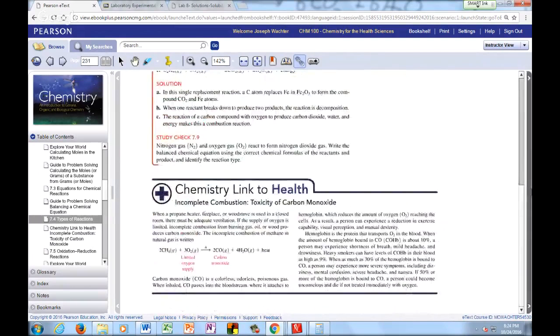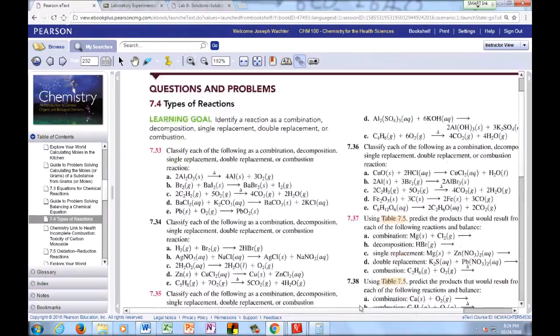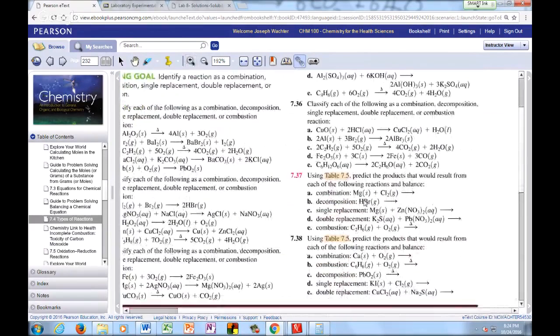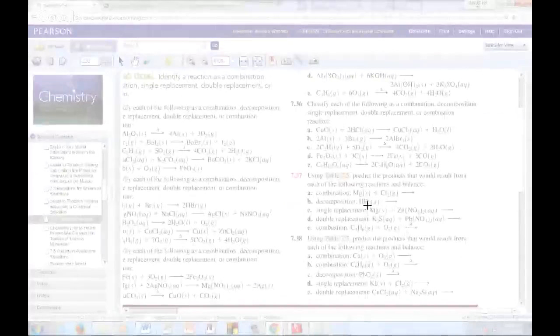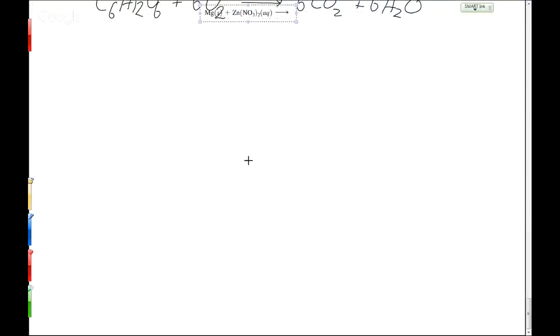Anything else? About the single replacement. Single replacement, yeah. Let's take a look at that one. That was a little trickier. Some you can tell and some you can't, which is the issue with that one. But let's look at something like, well, let's see.